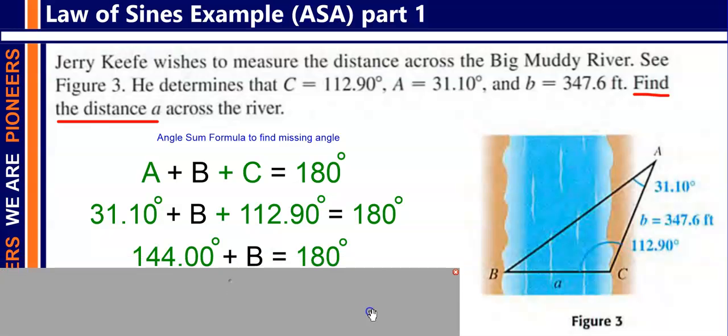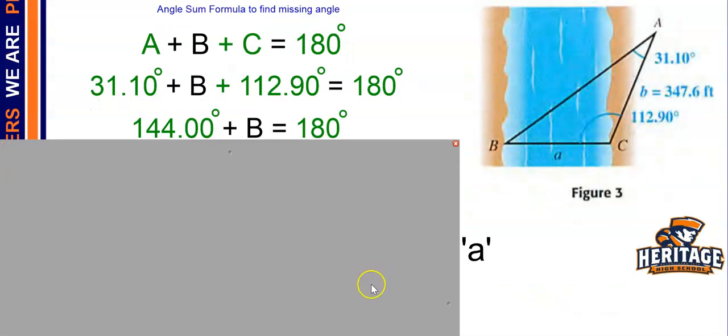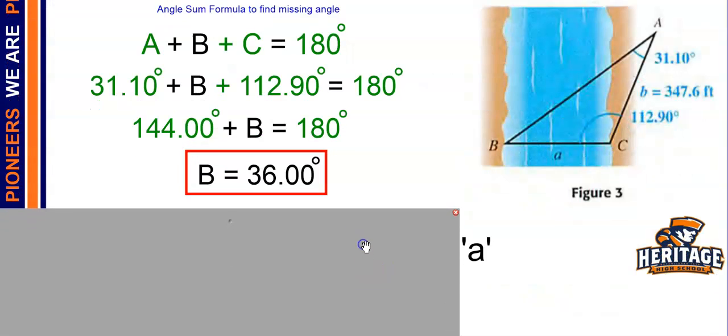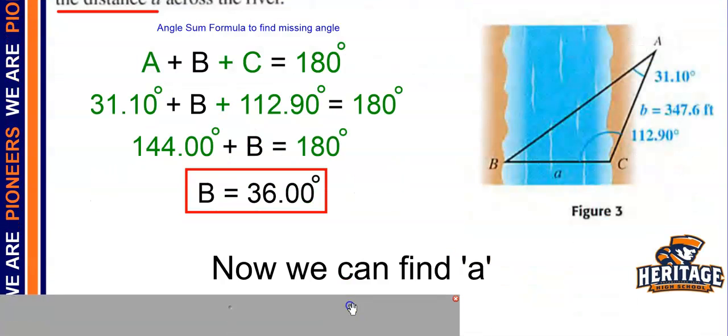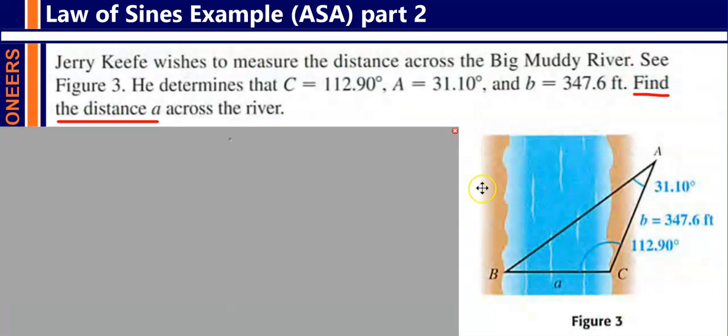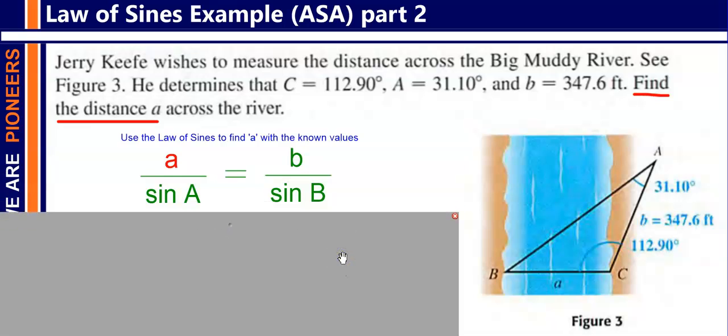So here we go. I get the 2 angles replaced with the correct values. I solve for B by itself, and I get that B is equal to 36 degrees. Now that we have our missing angle, now we can find side A. So I use the law of sines, and I'm going to use the proportion of A and sine A compared with B over sine B. The reason why I can do that now is because I found one complete pair.